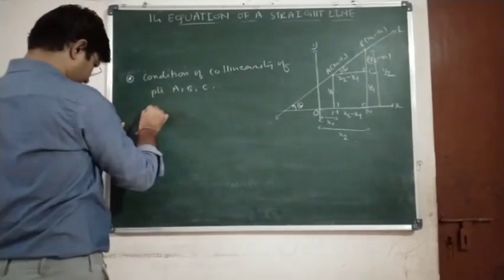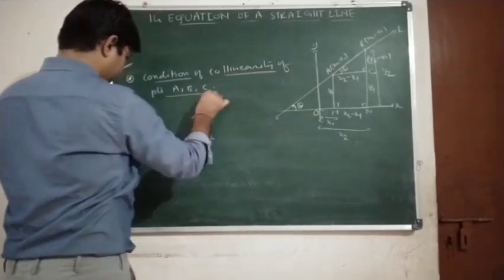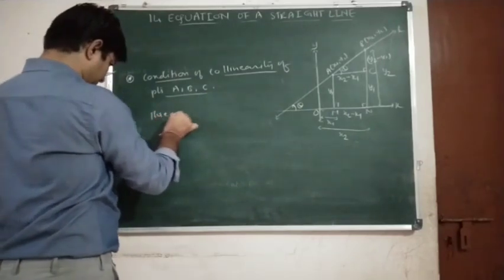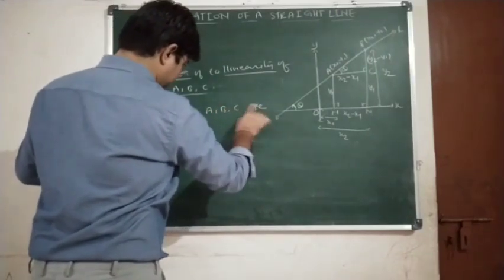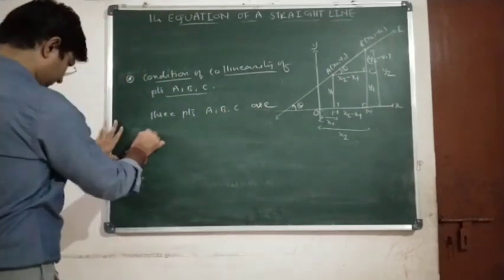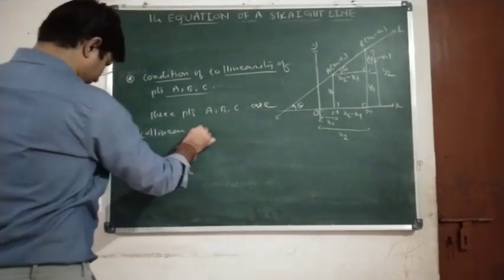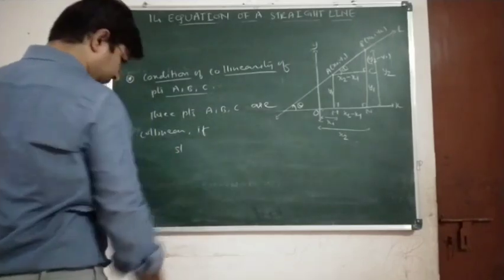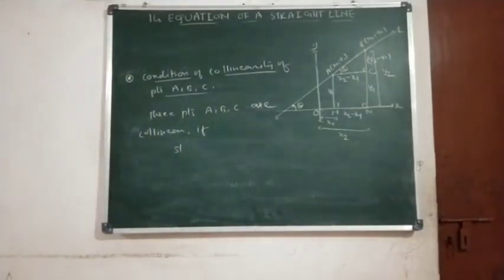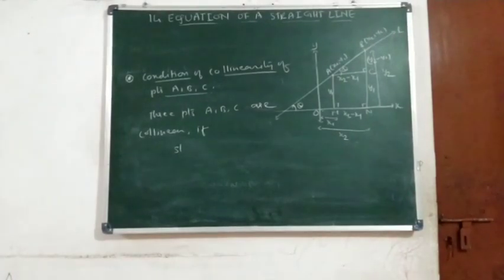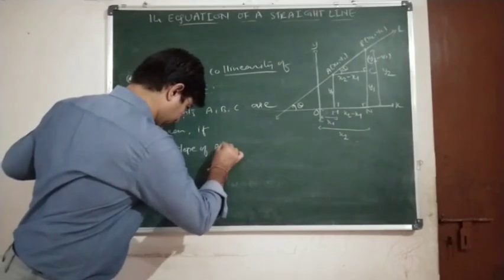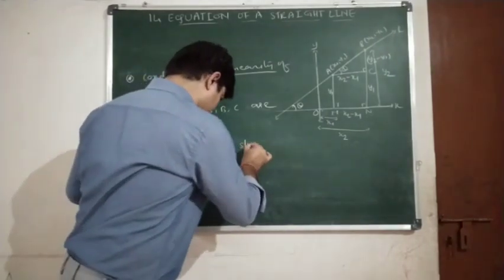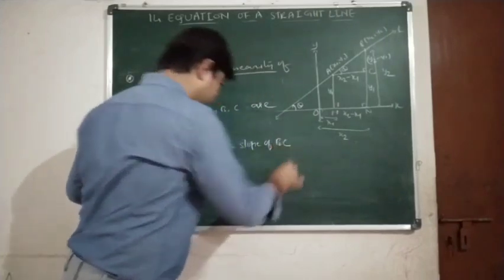Okay, so what is the condition? 3 points A, B and C are collinear if the slope of AB is equal to the slope of BC or AC, anyway you can take.